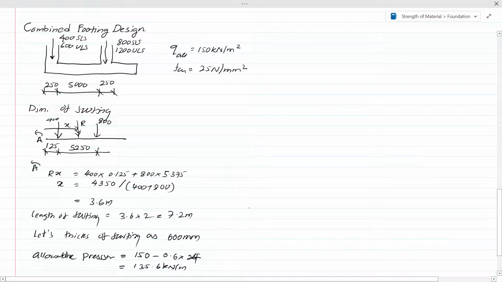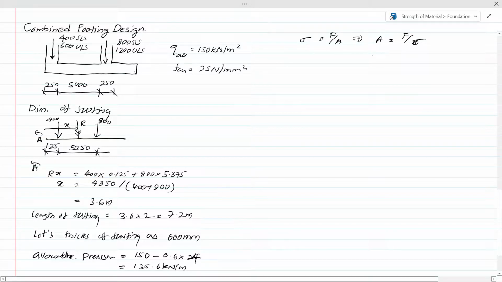From that we can calculate the width of the footing. How do you calculate the width of the footing? Now we know the total load, we know the length, then width we can calculate. Stress equals force divided by area. So we know the stress and all this. From this, A equals F divided by stress.